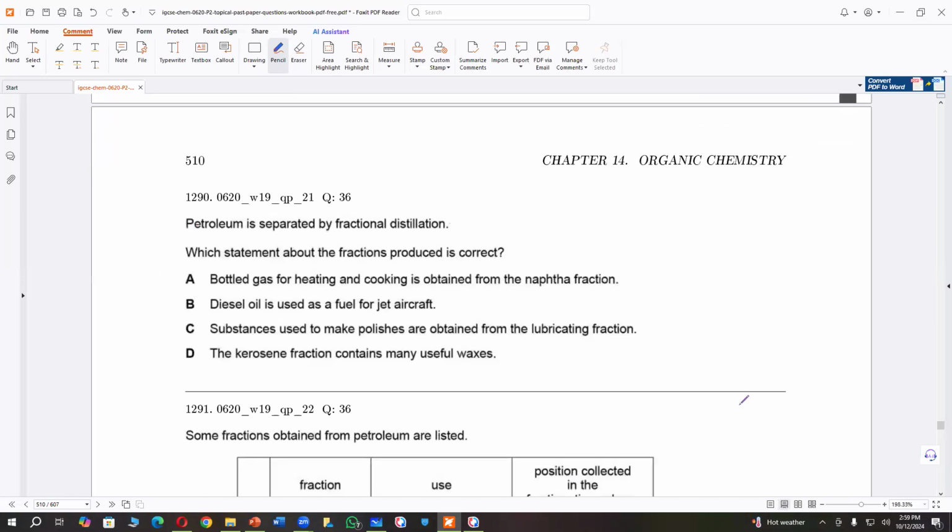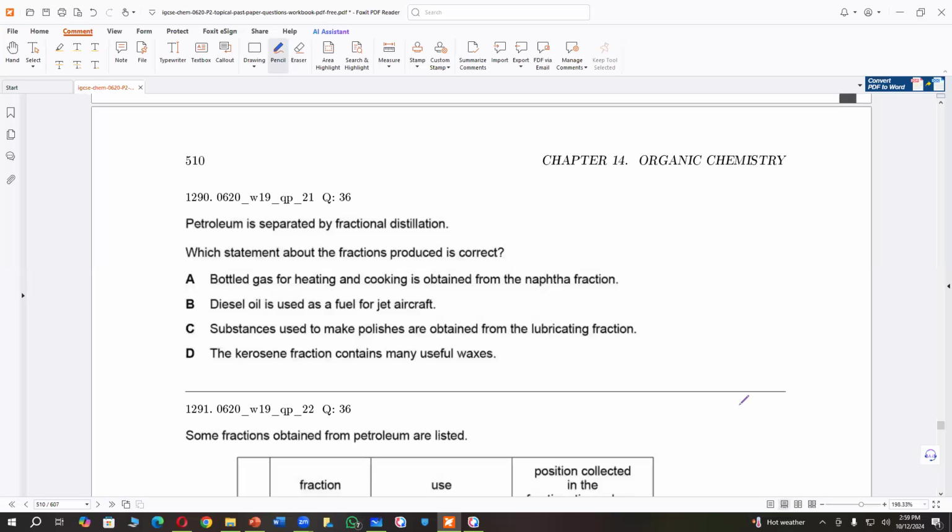Petroleum is separated by fractional distillation. Which statement about the fractions produced is correct? Is it C? Why C?